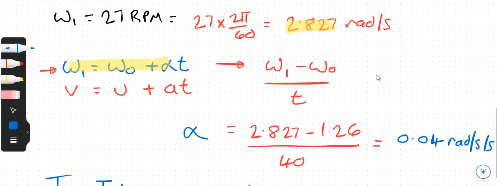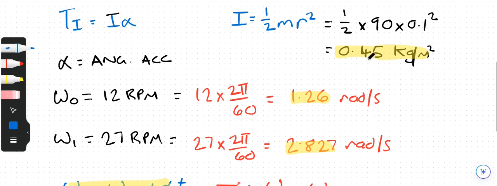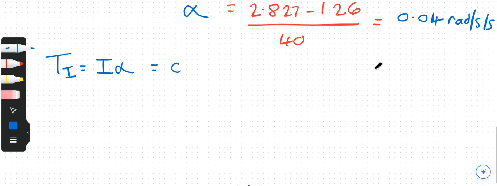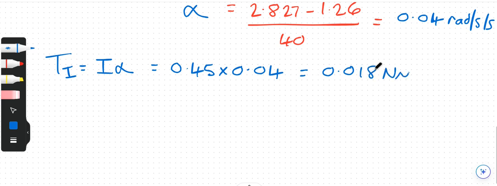The inertia from before was 0.45. So 0.45 times the angular acceleration, 0.04, gives me in a calculator something like 0.018 Newton meters. That's the torque to overcome inertia.